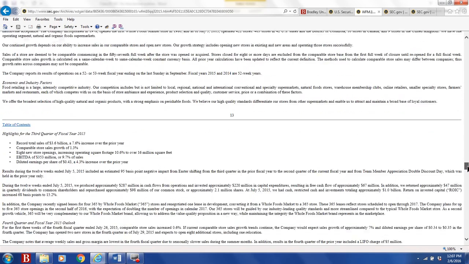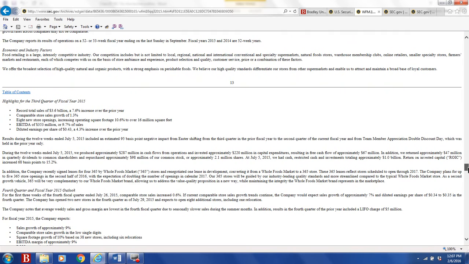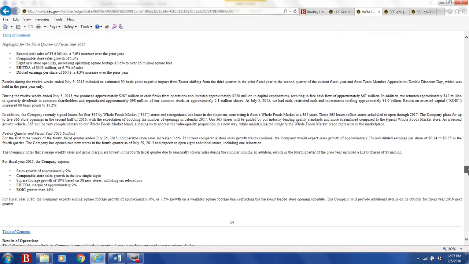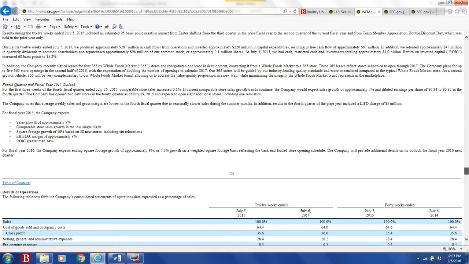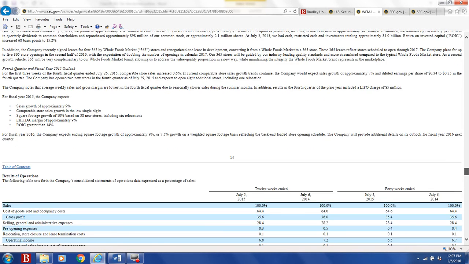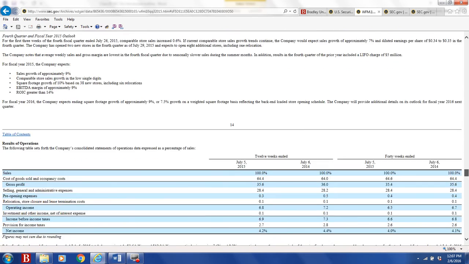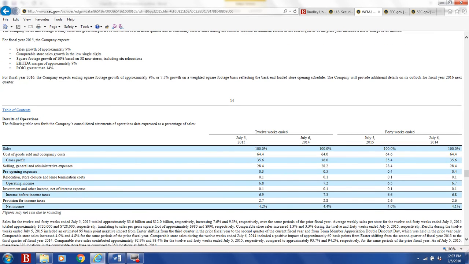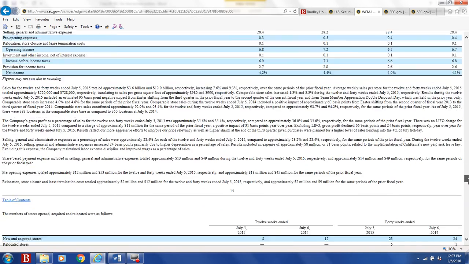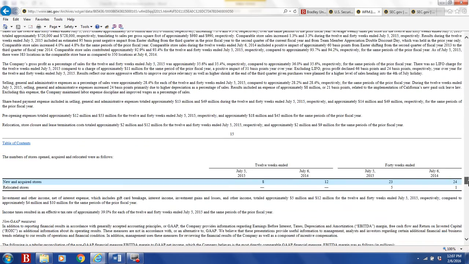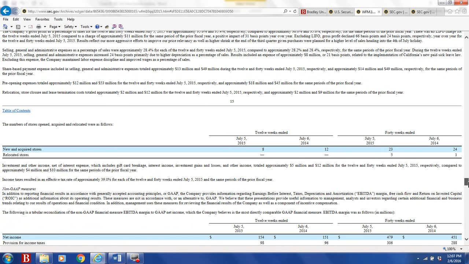I guess it's perhaps slightly less detailed since some matters only need to be discussed on an annual basis. But what it's basically going to do is give some information about what has happened in the current quarter, and also possibly provide some information about where they think the company is going in the remaining part of the year.